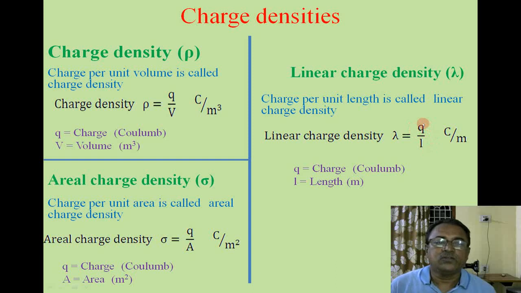Then this charge Q is distributed throughout its length L. Then what is the charge per unit length? That charge per unit length is called the linear charge density, and that is represented by lambda.